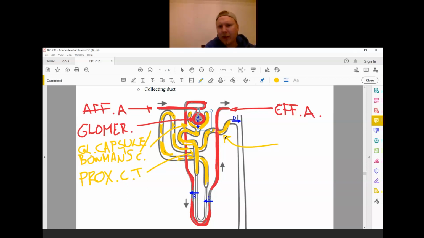Let's label that as well. And in between those, we have our nephron loop, which is sometimes also known as the loop of Henle.